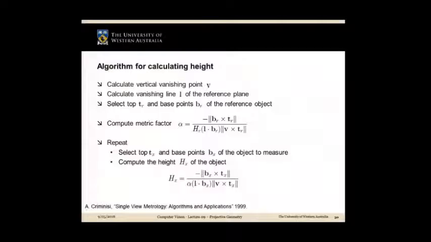You calculate this factor alpha using this particular expression. And you repeat this process for the other objects in the image to get the height of those objects, right? So that's a pretty stable algorithm that was proposed back in 1999. And using this algorithm, you can easily find the height of the objects in the image.